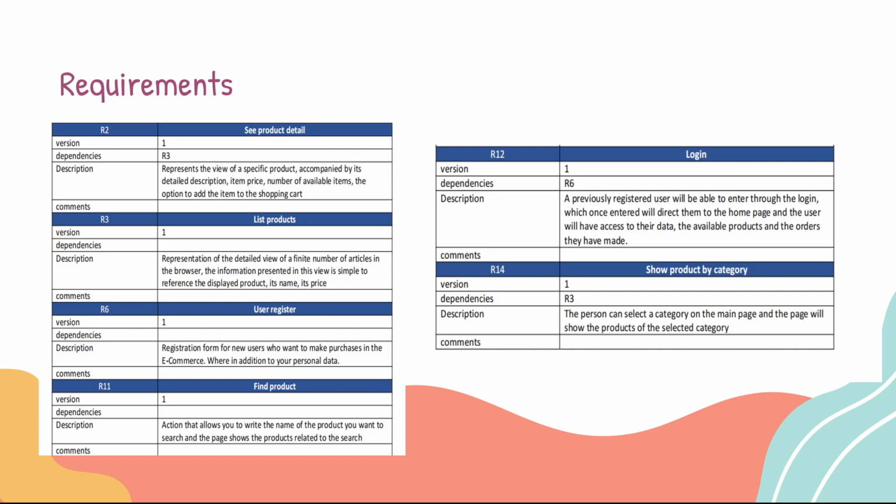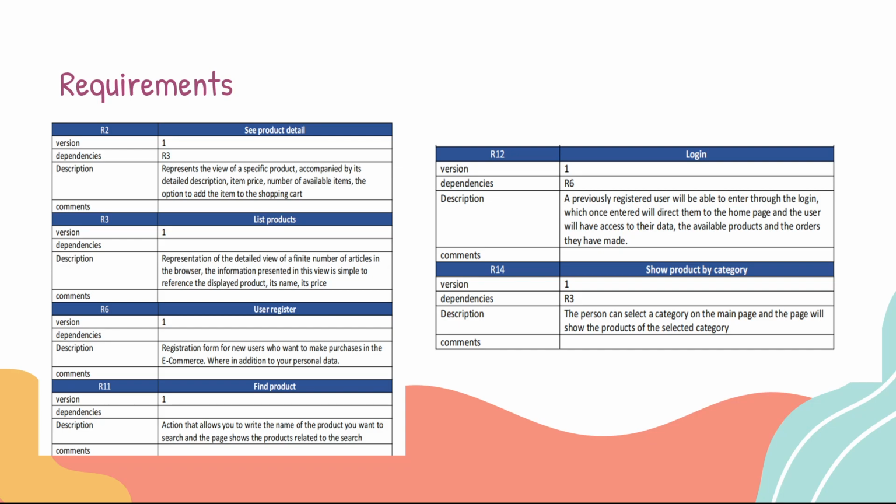Finally, we have two more requirements. One is about a previously registered user being able to enter through the login, which once entered will direct them to the home page, and the user will have access to their data.